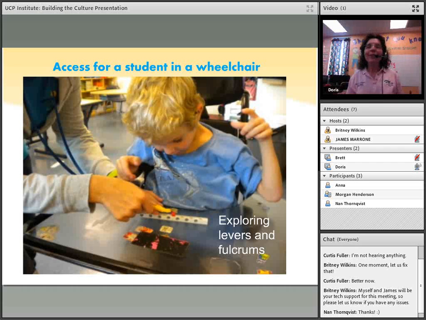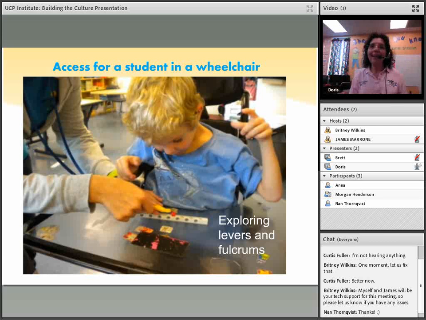Let's talk about access for children who are in wheelchairs or who have some severe orthopedic difficulty. When you take a look at this young child, many times you might consider, well, I can't deal with that in my classroom. What you need to do is start thinking about your physical environment and how you can provide for this child.